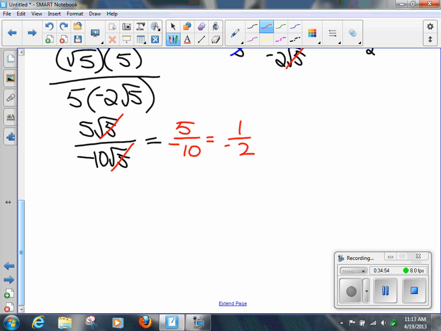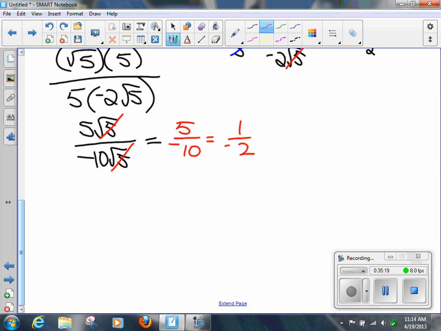If you have trouble thinking about these radicals, think of it as a variable. Think of it as an x. If the x is straight side by side to a number, you can cancel that out. It's not holding hands with anybody. Questions? Did anybody use the formula? Did you get the same value?